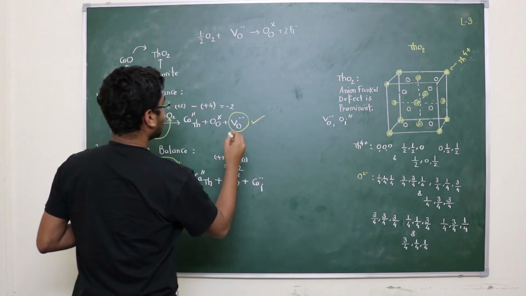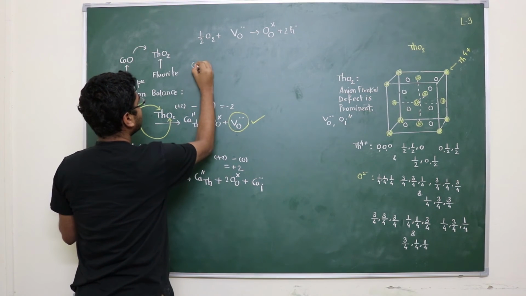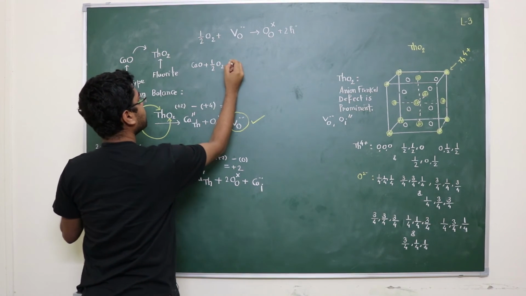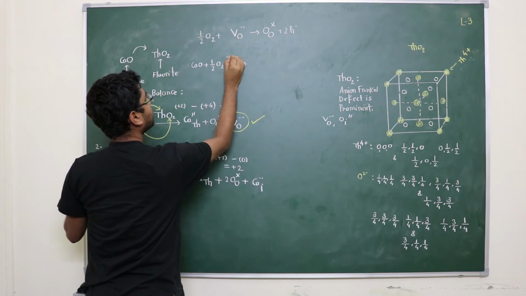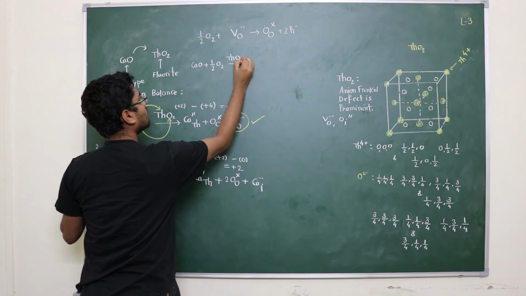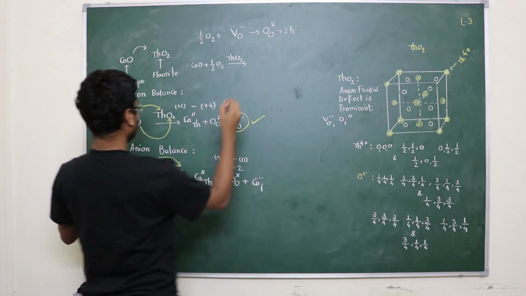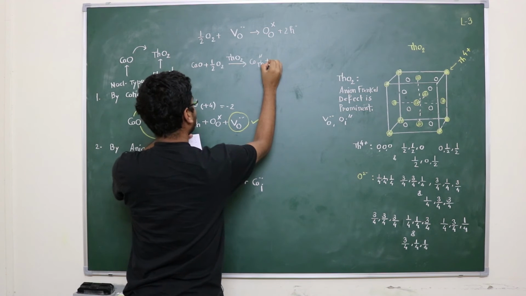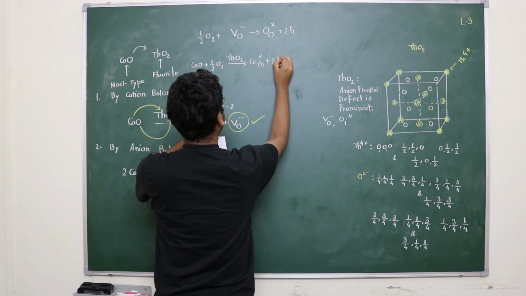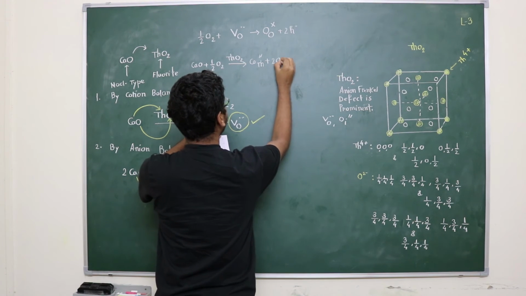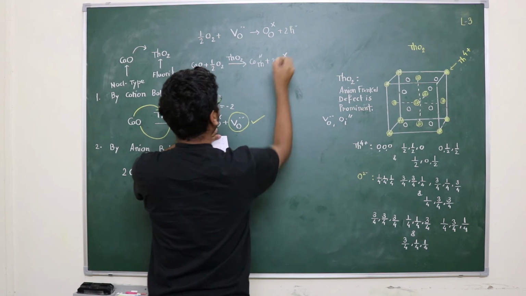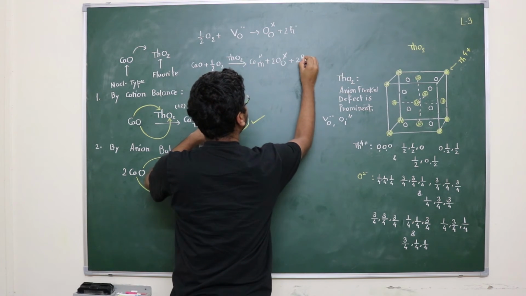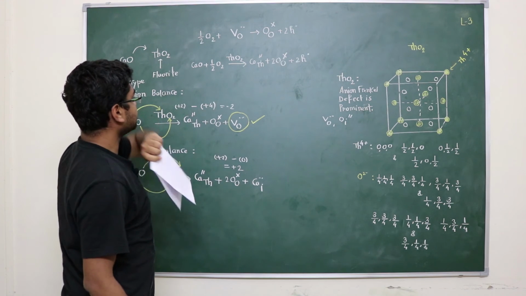The reaction will look like this: CaO plus half of O2, TiO2, so Ca at Ti site plus 2 oxygen plus 2 holes, right?